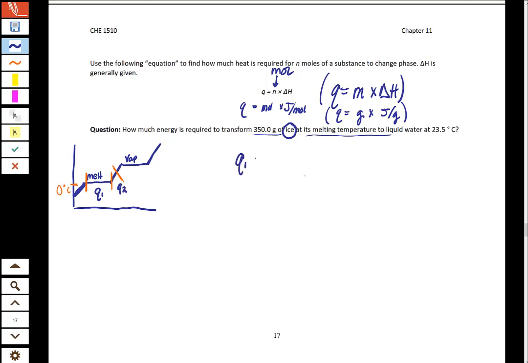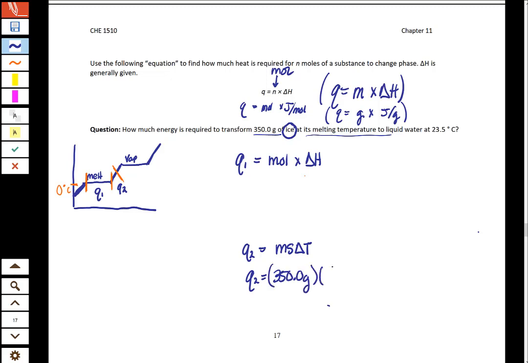So for Q1, you're going to take your moles or your mass times your delta H. And then for Q2, you're going to use m s delta T. Let's start with m s delta T because that one's really familiar to us. So for our Q2, we know our mass is 350 grams.